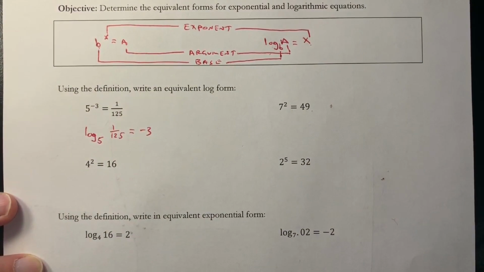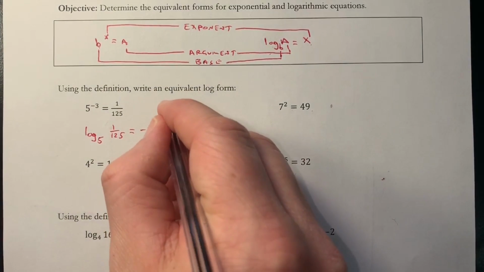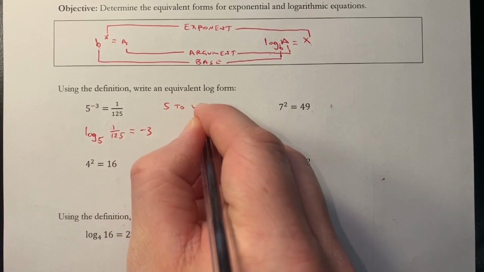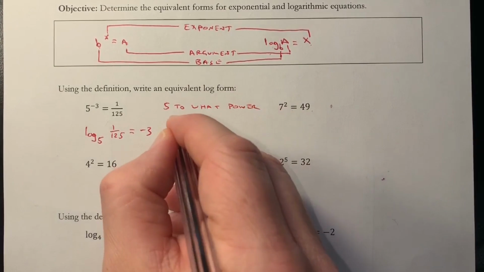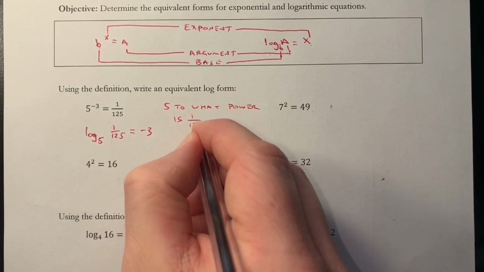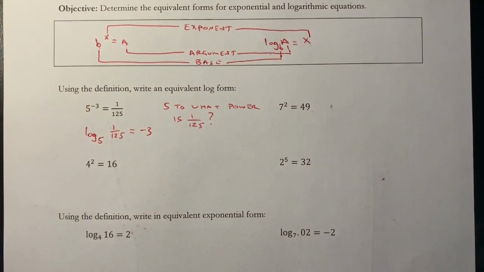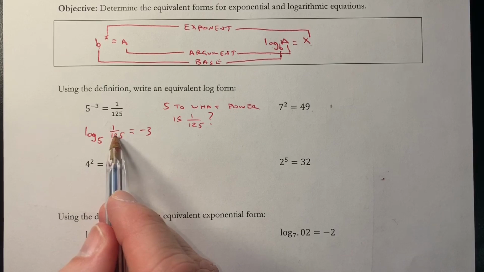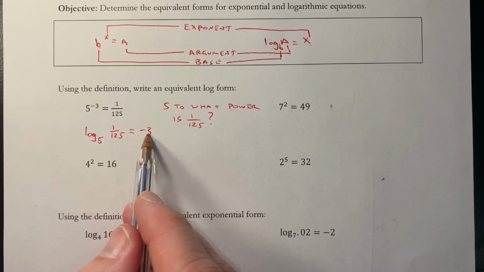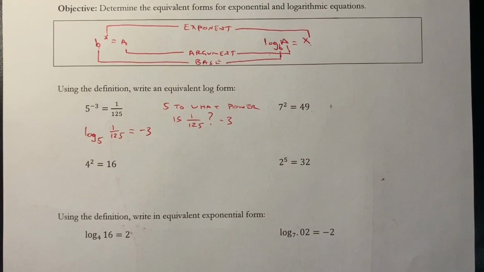So when you see something in log form, it's kind of asking a question: 5 to what power is 1 over 125? That power is the -3 power. So there's your answer, -3.